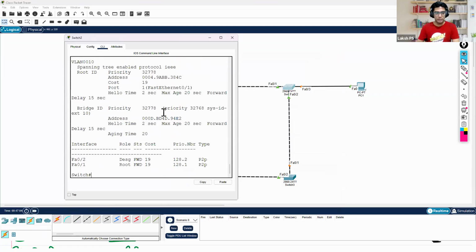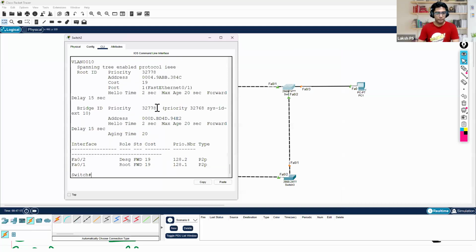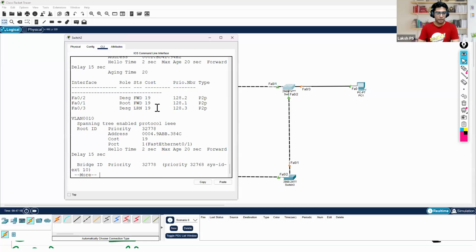We'll see for switch 2 only. Yeah, you can see fast Ethernet 0/3 is in the listening state. Now it's in the learning state.